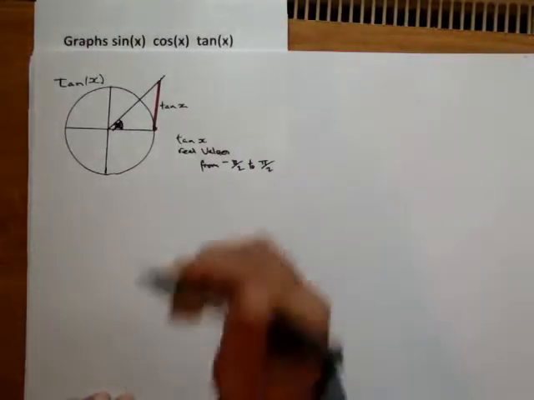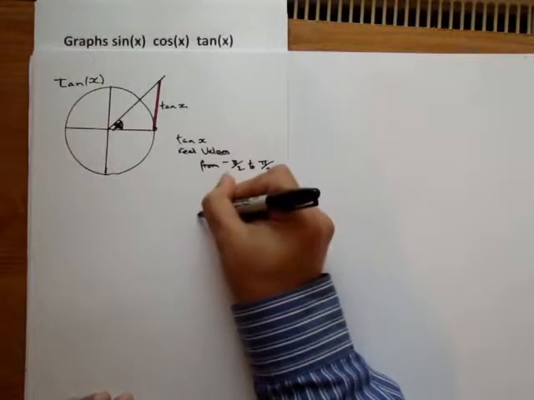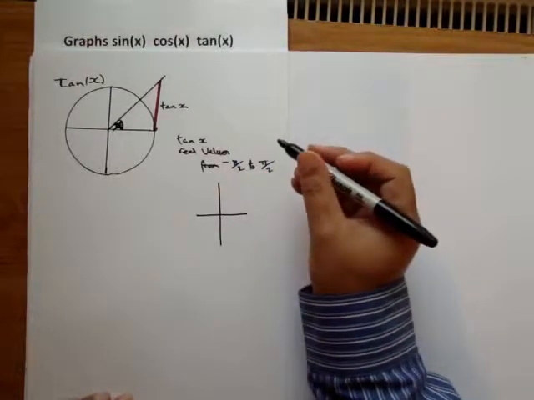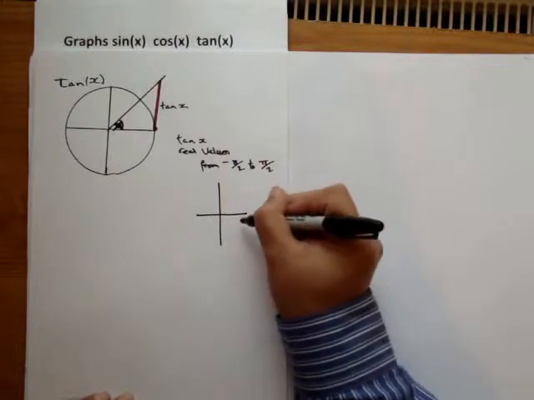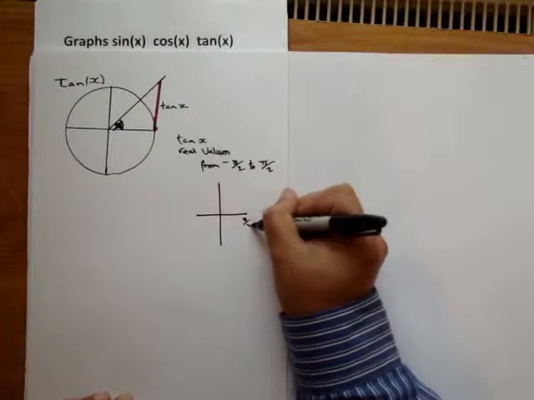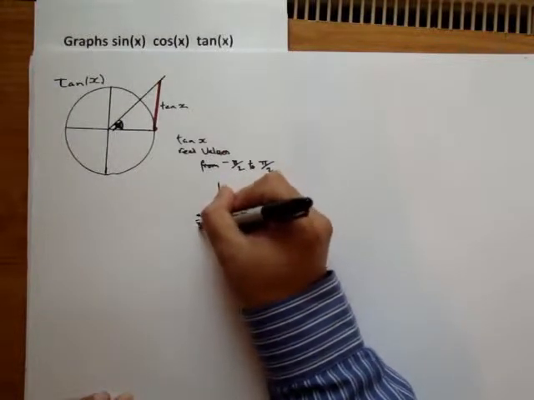So when we're drawing our tan x curve, if we do our x and y, we have pi over 2 on this side and minus pi over 2 on this side.